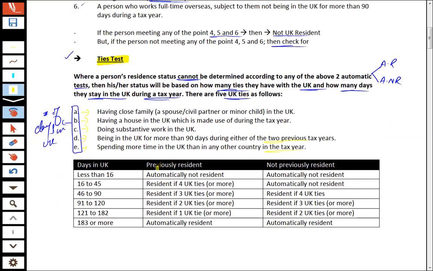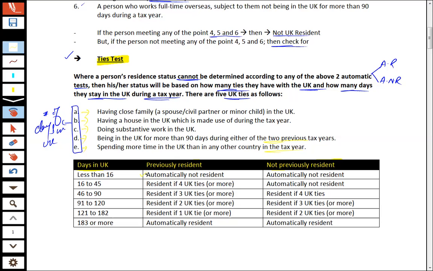The number of days also depends on whether the person was previously resident or previously not resident. If a person was previously resident in the UK and this year is spending less than 16 days, then automatically non-resident.